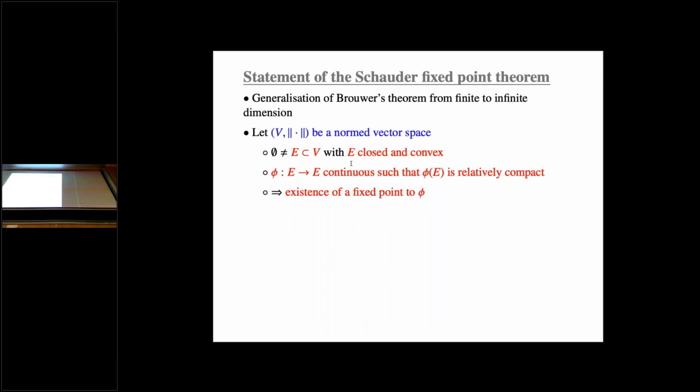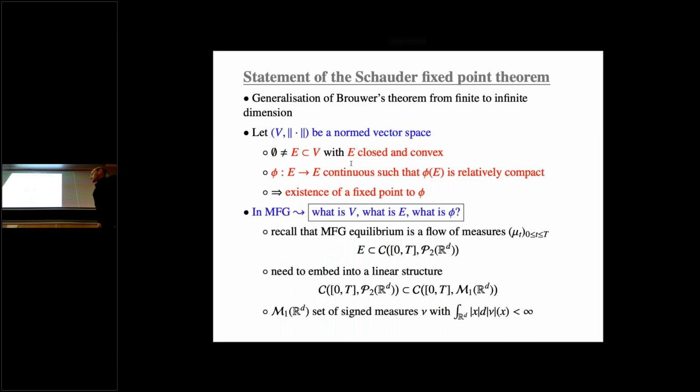The second point is that you have a continuous mapping, for the norm, that maps E into E, phi, and such that the image of E by phi is relatively compact. Then you get a fixed point. So this is a result from functional analysis that is in fact very well known in PDE theory. They are useful for nonlinear equations.